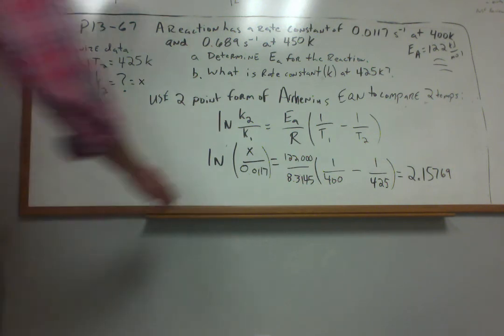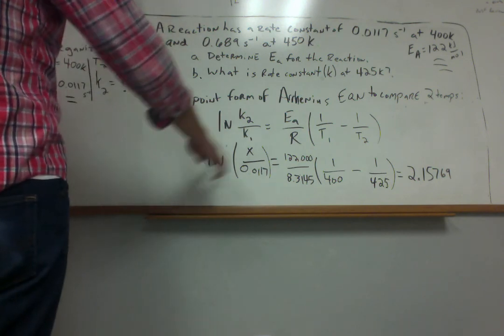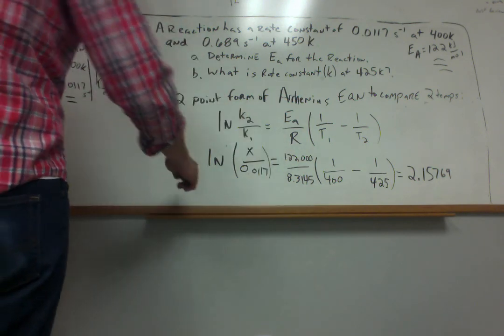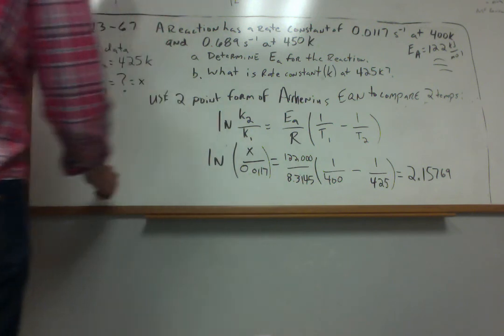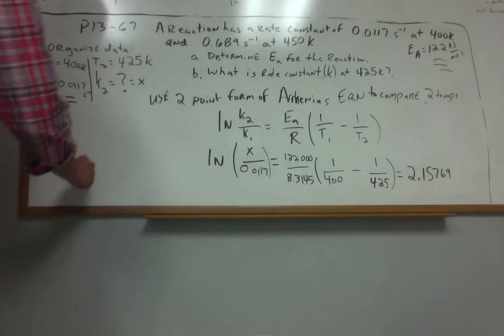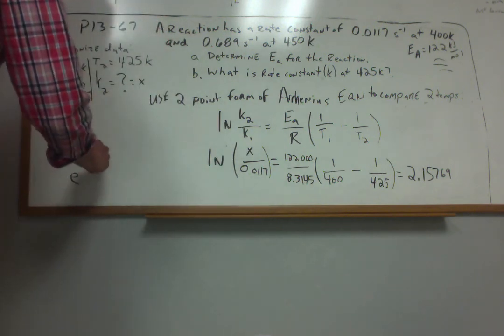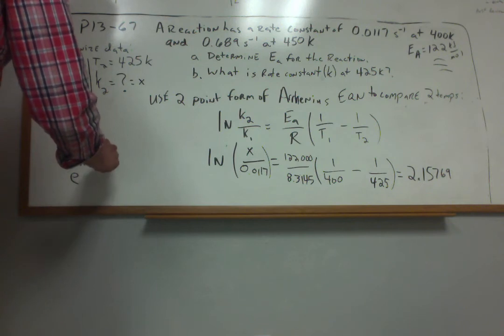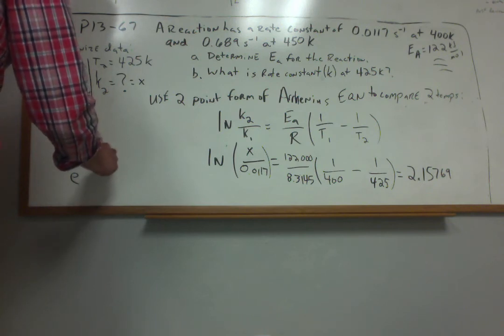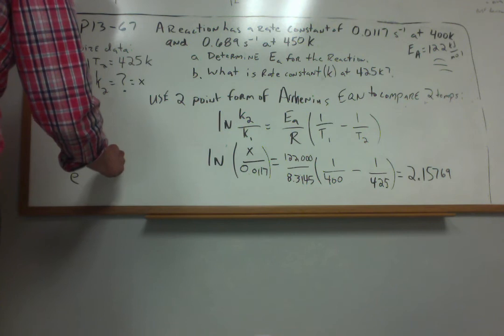Now we're still not at x, and we have to do a little more work. What I would try to do at this point is take the inverse log of both sides. We take the base e and raise it to both sides.